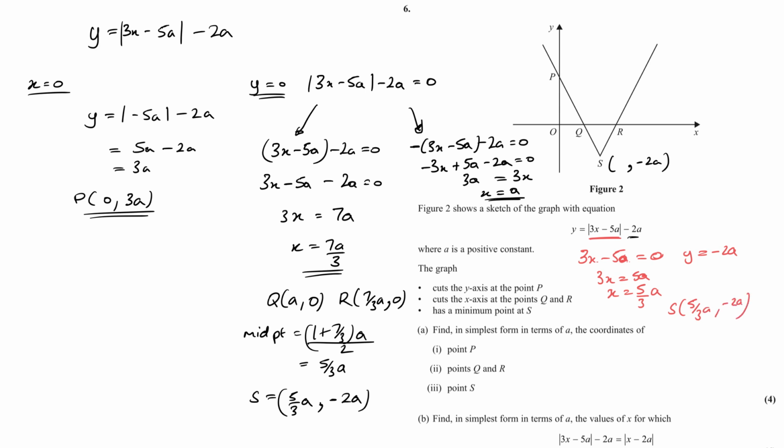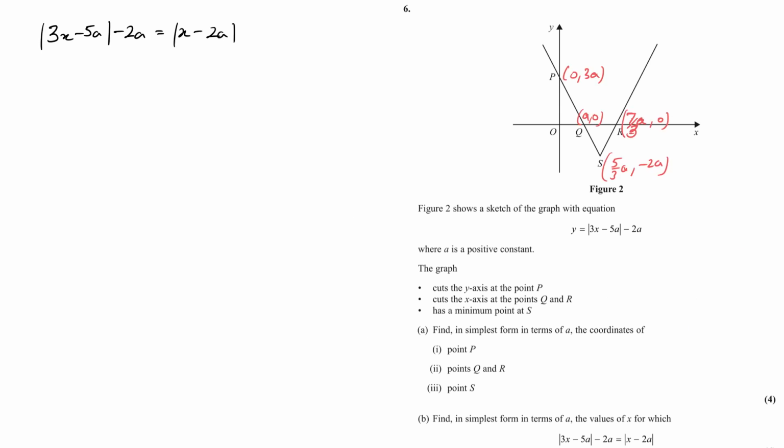So we're going to solve this equation, okay, and it's worth understanding what it's going to look like. So y equals x minus 2a. Yeah, so it can't have any negative value, so it won't drop below this axis.